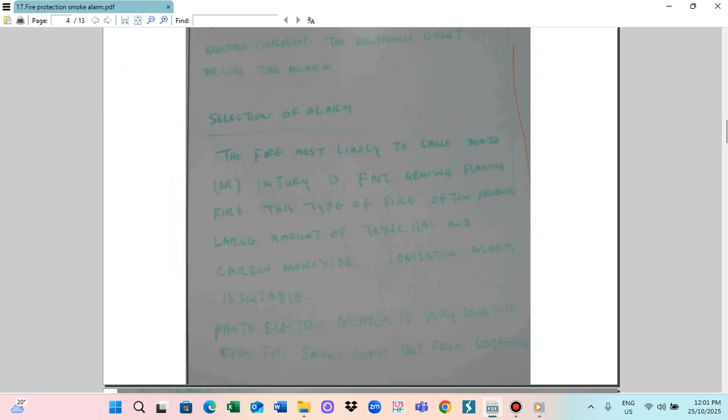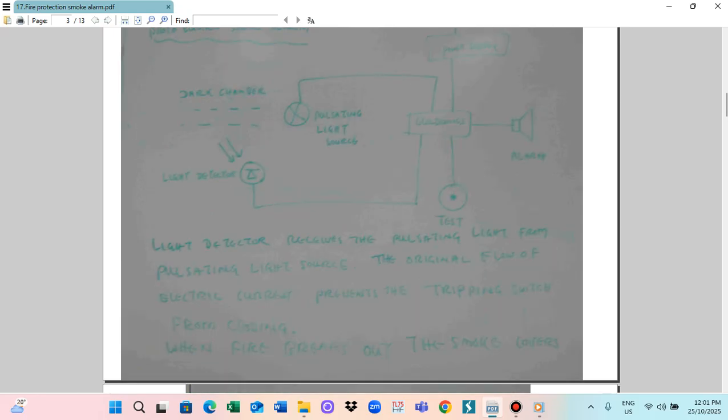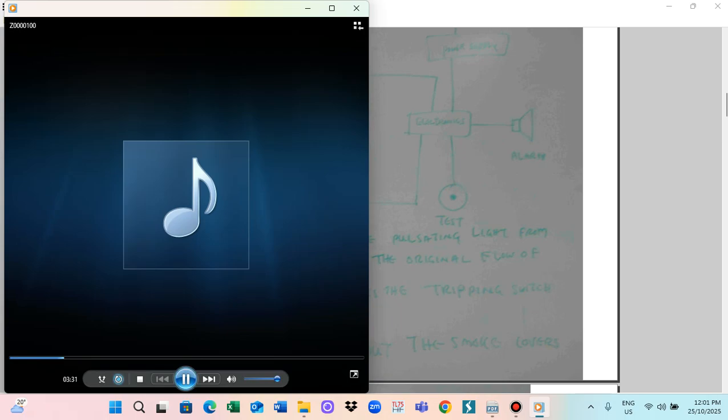Those motors draw higher current, and sometimes an electrical fault can occur or a fire can break out, especially since the gas is hazardous. When a fire breaks out and the gas comes out, smoke detectors and a fire protection system need to be provided.